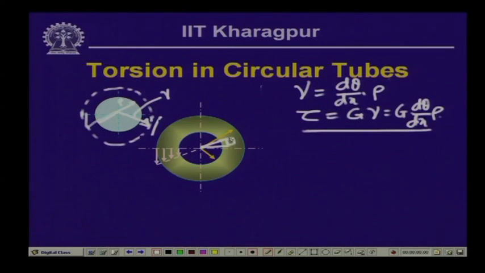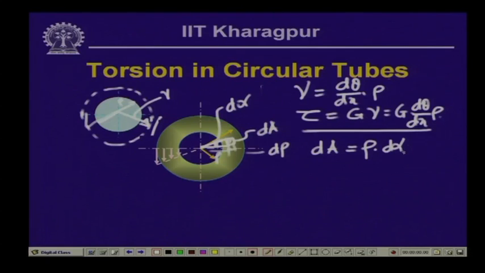So, this is the small element having an area dA at a distance rho, and this distance is d rho. Let us call this small angle d alpha. So, the area dA can be written as rho times d alpha times d rho.